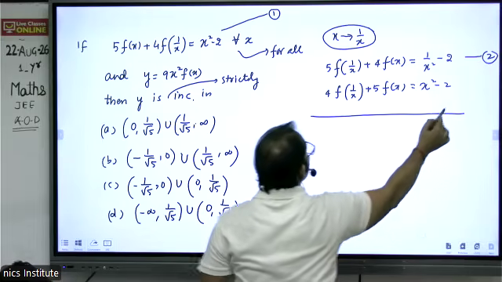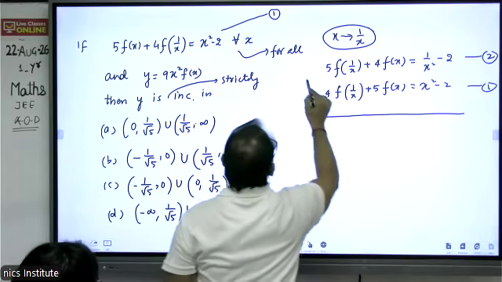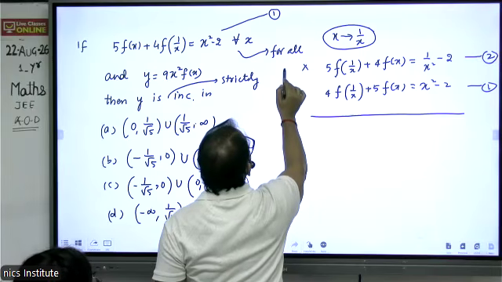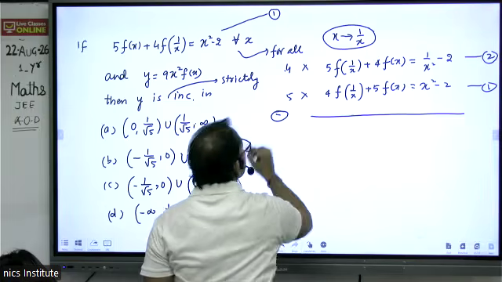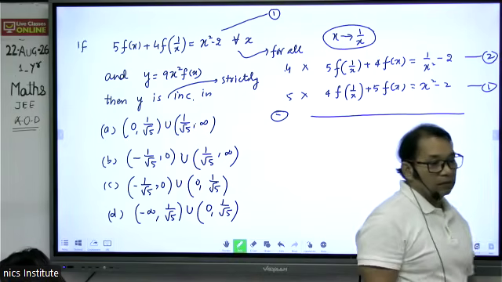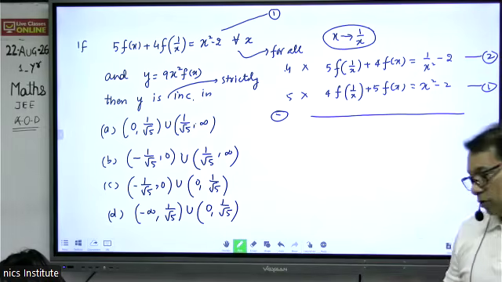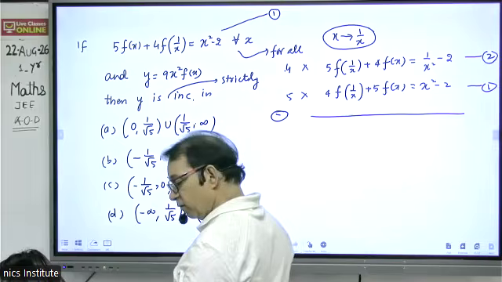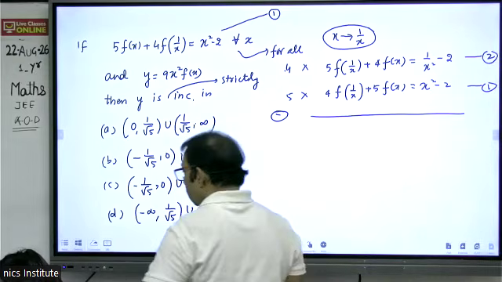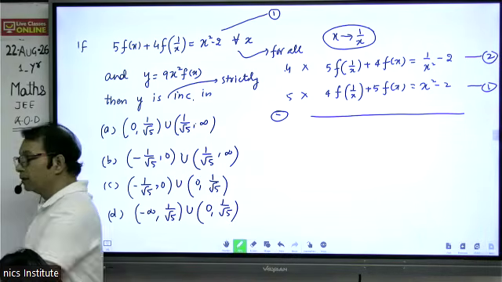So what do you do? You multiply this by 4 and this by 5 and subtract. This is a way to find function fx. Otherwise, you always get f of 1 by x. So get rid of f of 1 by x.